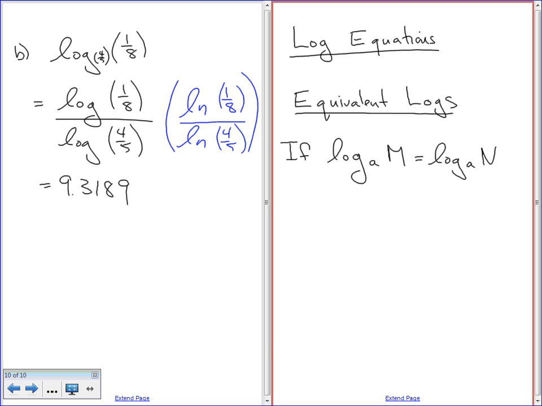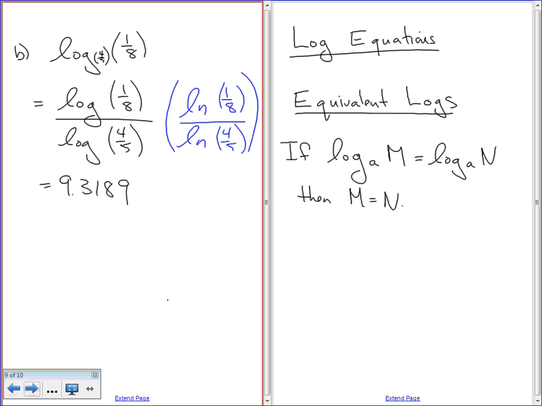So if the log of m to the base a is equal to the log of n to the base a, what do you think you can say about m and n? Yep. That's just like back in grade 11 when you had powers of the same base. Once you make the bases the same, you can equate the exponents. Same idea here. So we mainly use this to help us solve log equations.